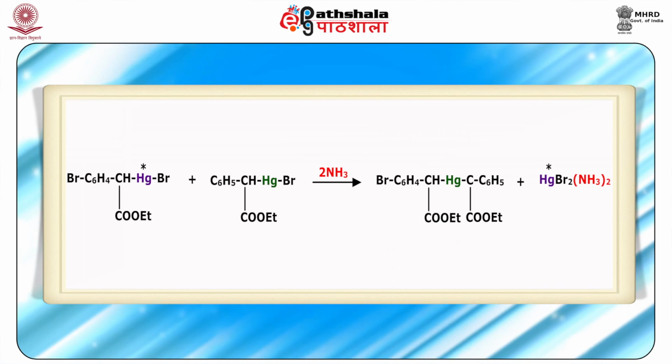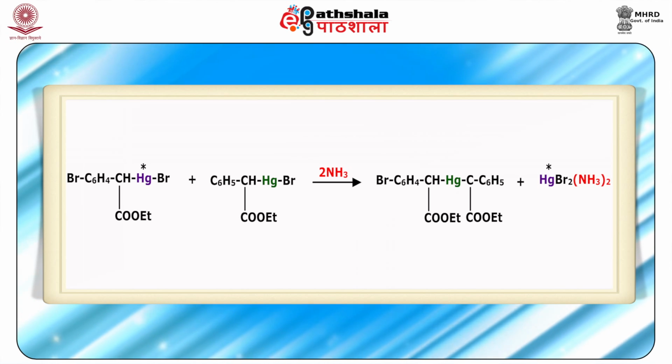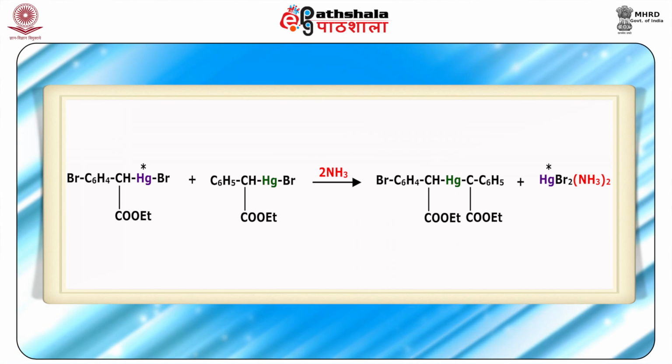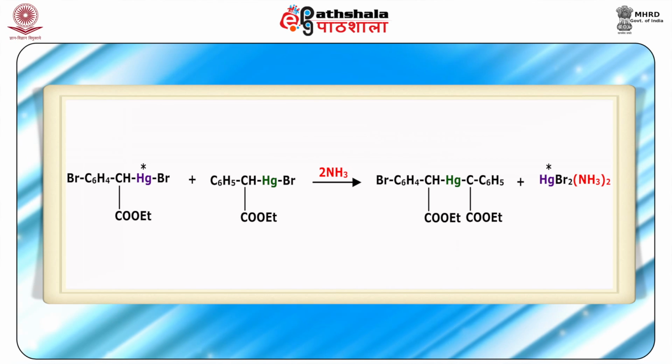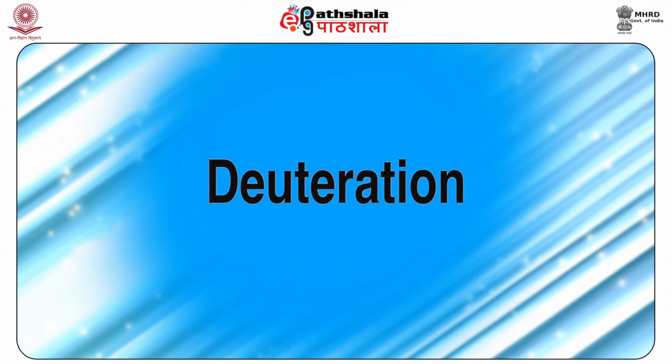You can see that this particular molecule where this Hg is labeled is reacting with this in the presence of ammonia, then this is how there is a coupling of these two happening, and this is again the SE2 mechanism.